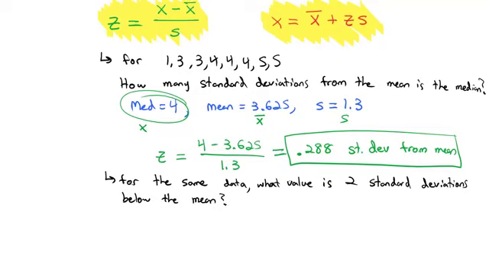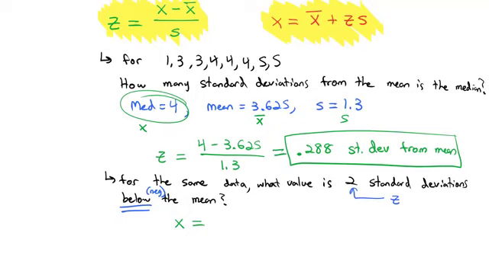We already know the number of standard deviations. So 2, that's actually going to be our z, the number of standard deviations below the mean. And because we want to be below the mean, we will use a negative number. So we're looking for the x this time. What is that value of interest?